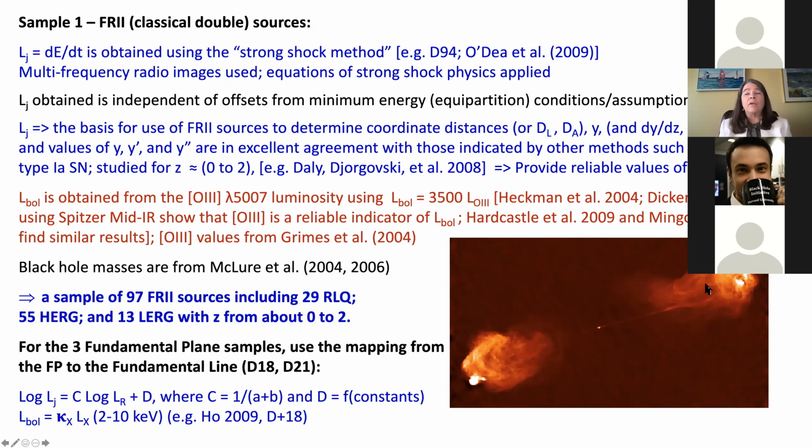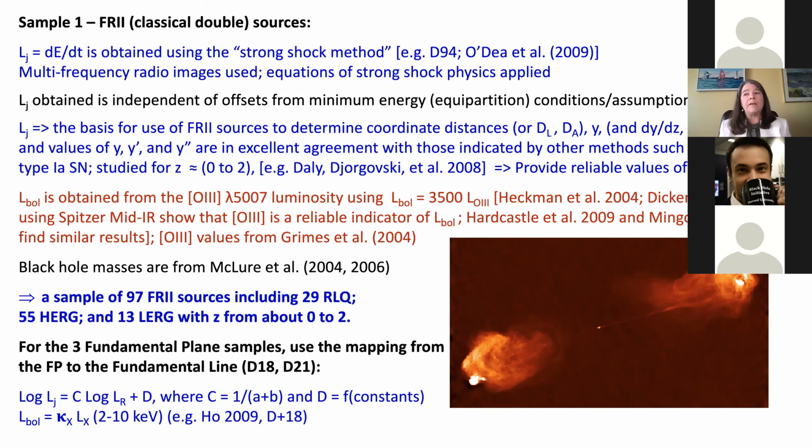One of the nice features of this method is that it has almost no assumptions. A key assumption that often enters analyses of this type is whether or not the relativistic radio emitting plasma in the large extended radio emitting region is in what's known as minimum energy or equipartition conditions.